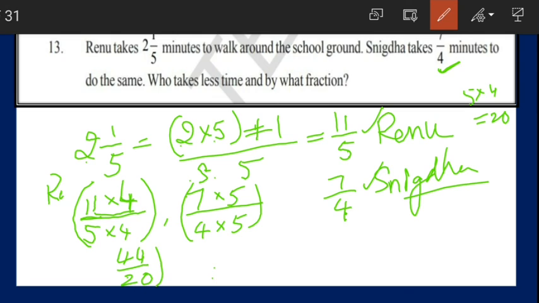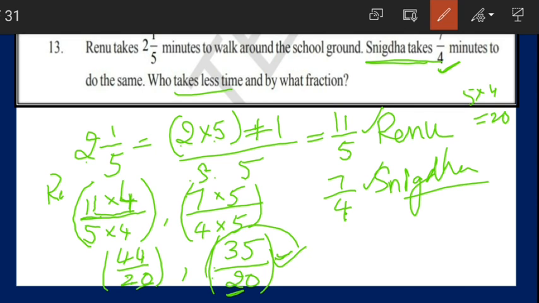So Renu took 44 by 20 minutes, and for Snigdha, 7 fives are 35 by 4 fives are 20. That means Snigdha took 35 by 20 minutes. Now these two are like fractions. We know that 35 by 20 is smaller than 44 by 20. So who takes less time? Snigdha takes less time.